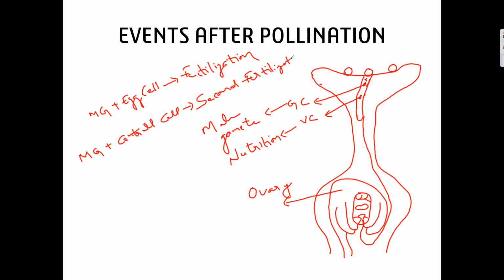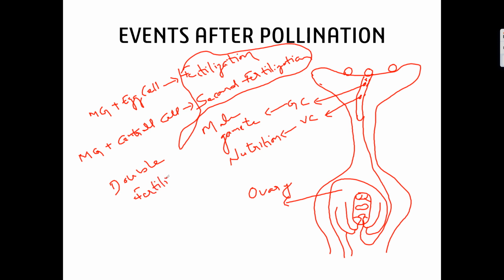Two times. This condition is called double fertilization. When two generative cells are produced by a mature pollen grain, one will fuse with the egg cell and another will fuse with the central cell.